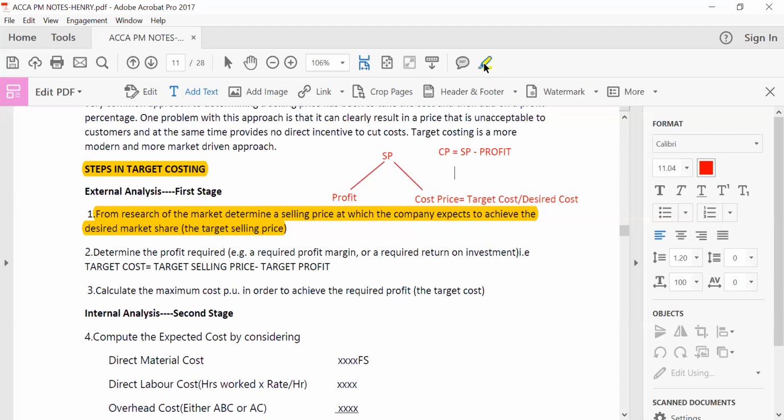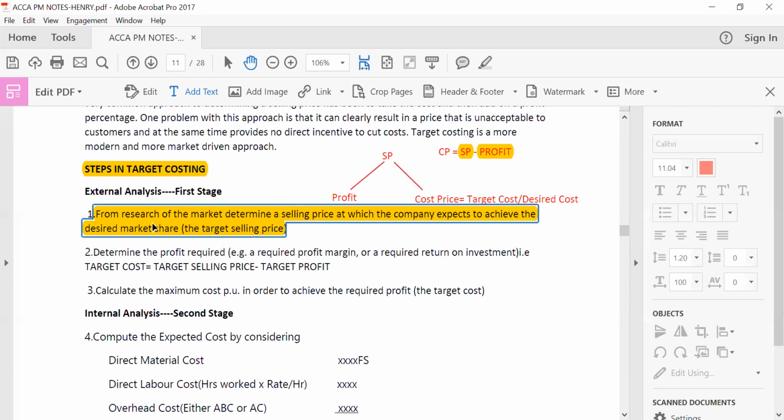So if you have the selling price from the market, then they give you a portion either as markup or margin. You take that bit from the selling price, and at the end of the day you get your profit, and once you take the profit out, you get your cost price. The cost of the product which you have gotten from the market, from the customers, through external analysis, is what we call the target cost, also called the desired cost.